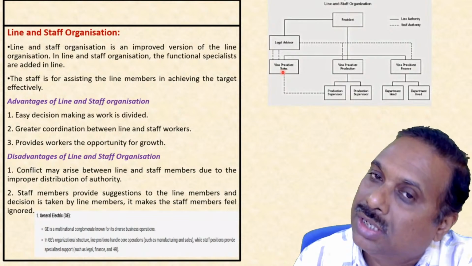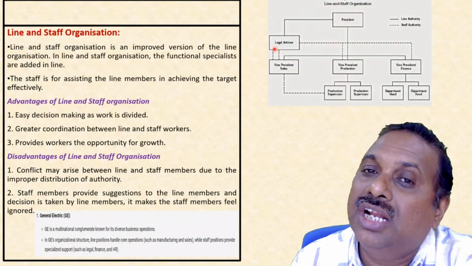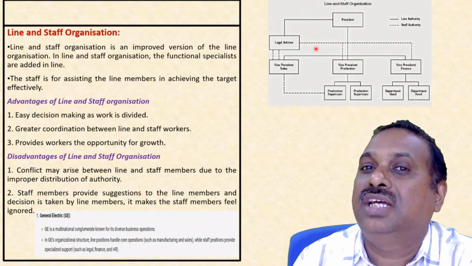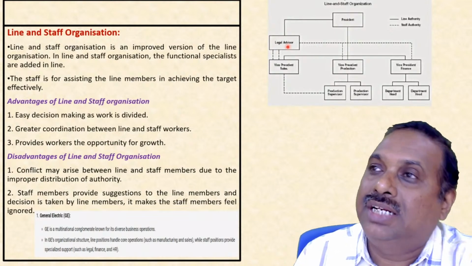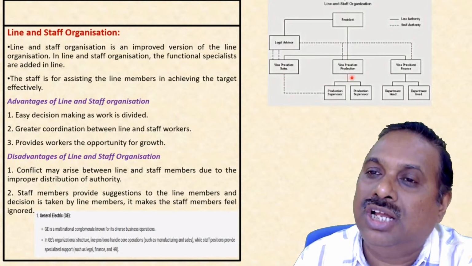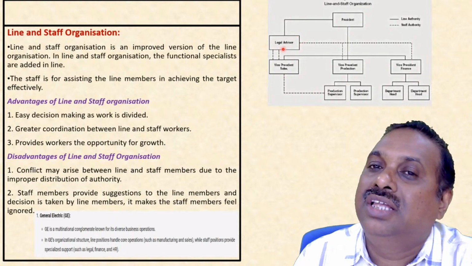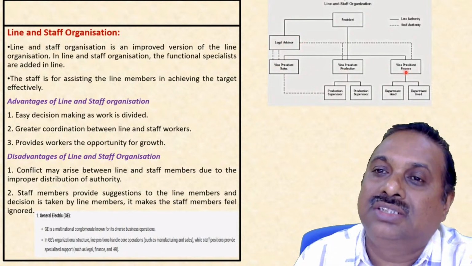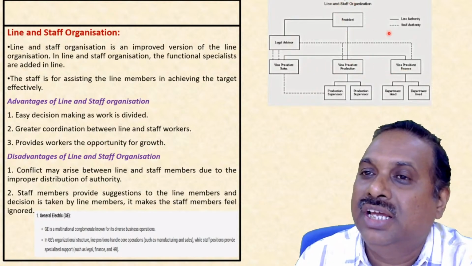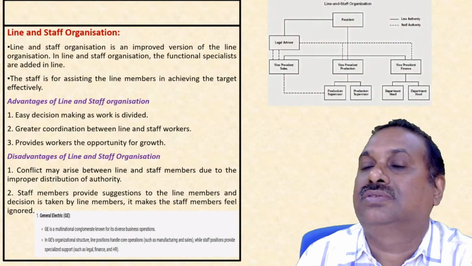But here you have 1 legal advisor who has expertise in legal matters. Legal matter is required for sales and marketing, for production as well as finance. So this legal advisor will advise all these 3. This is called line and staff. This straight line is line authority, and the dotted line is staff authority.